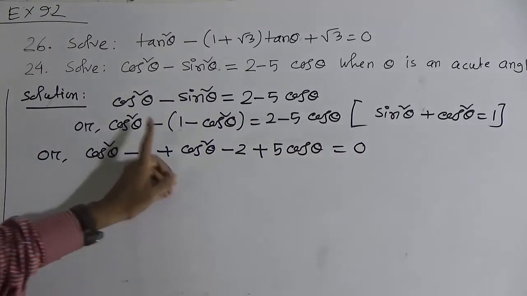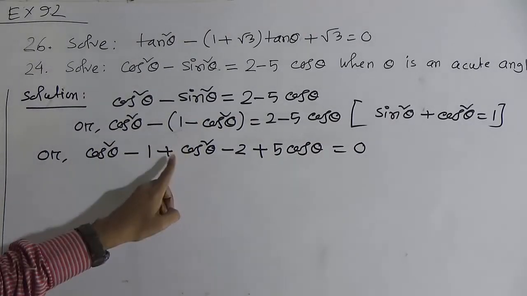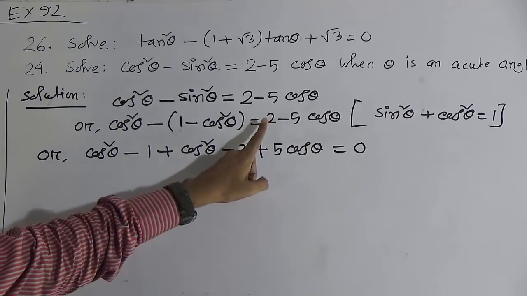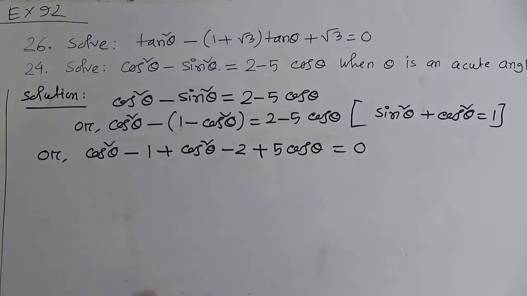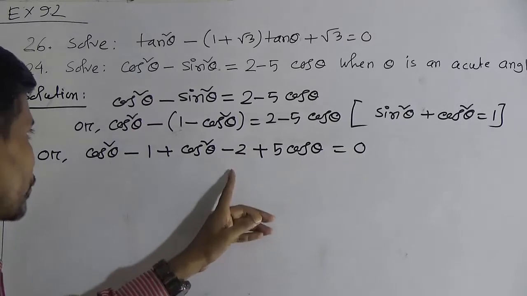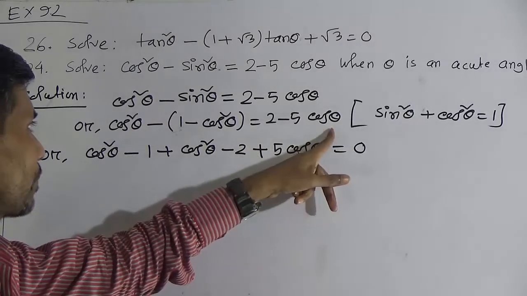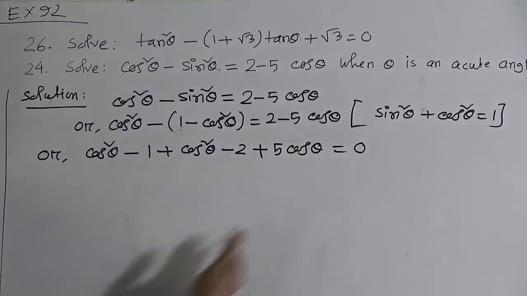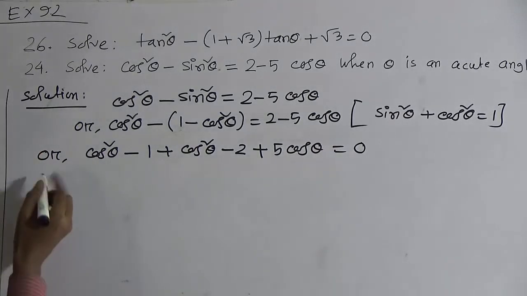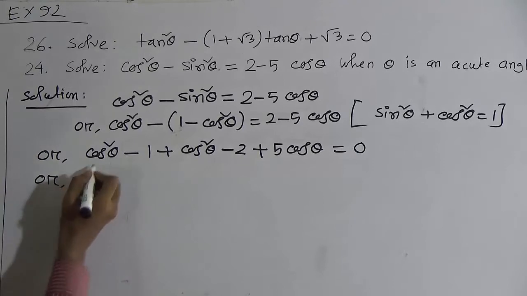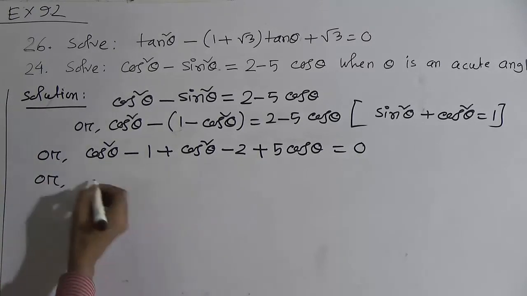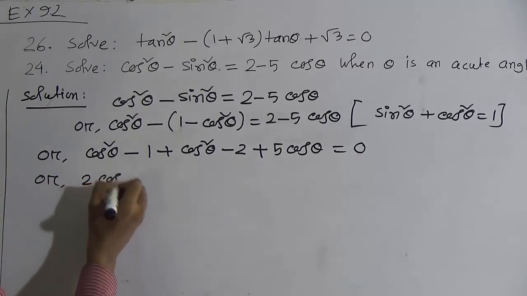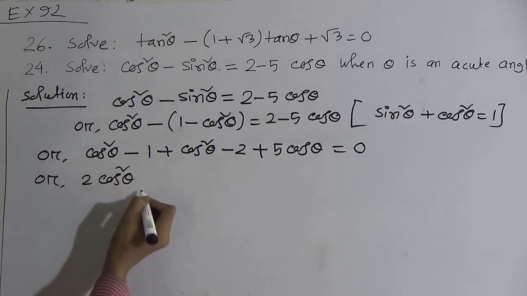Cos square theta minus 1, then when it is transferred to the right side, we get minus 2. Similarly, minus 5 cos theta becomes plus 5 cos theta, and the right side is 0. This can be written as cos square theta plus cos square theta, which is equal to 2 cos square theta.